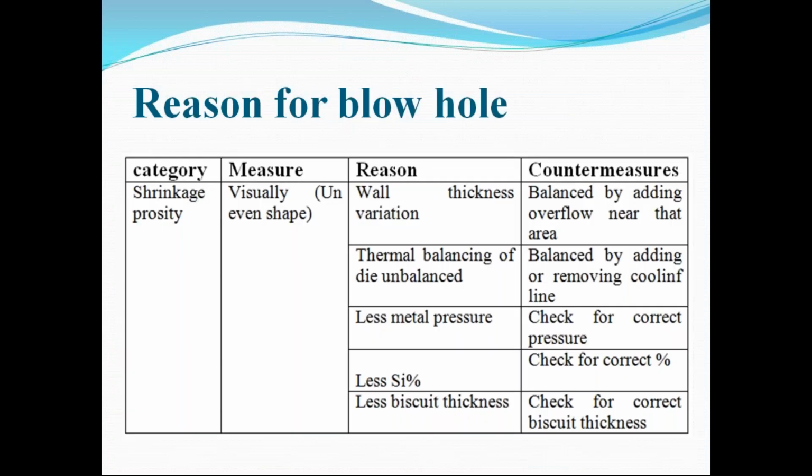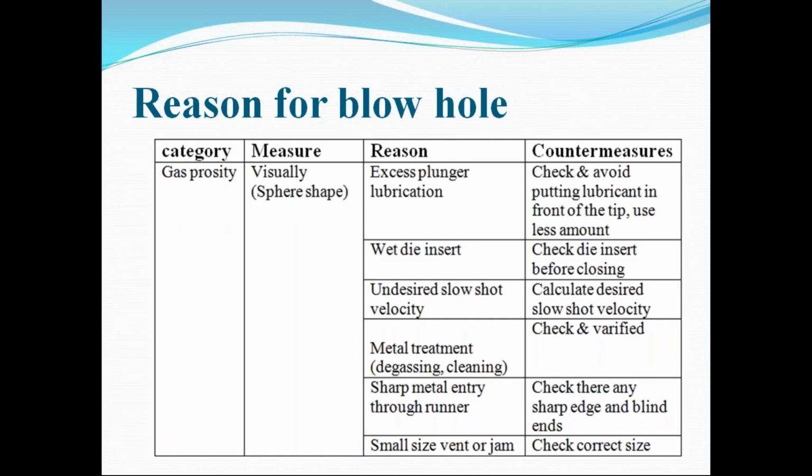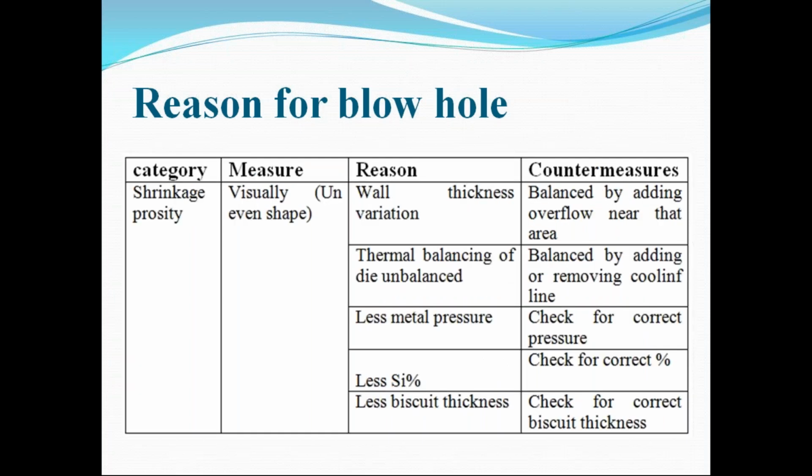Now, the reason for blowhole. We categorize the blowhole into two forms. The first one is shrinkage porosity, and the next one is gas porosity. Now one by one we can talk about these two.